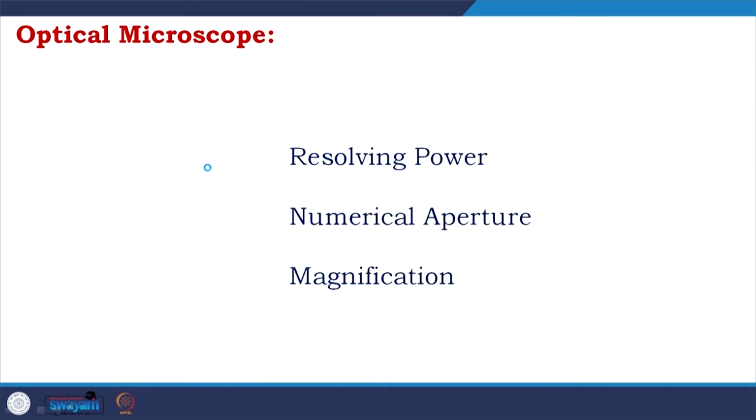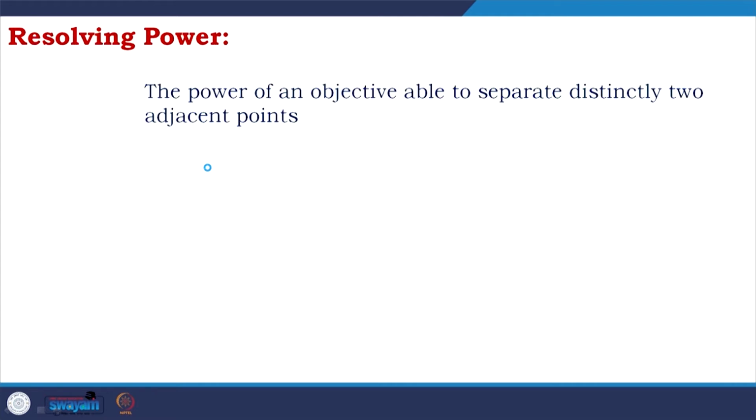In an optical microscope, the functionality depends on the resolving power, numerical aperture and obviously magnification. So, what is the resolving power? The power of an objective to separate distinctly two adjacent points. Two adjacent points are very close.